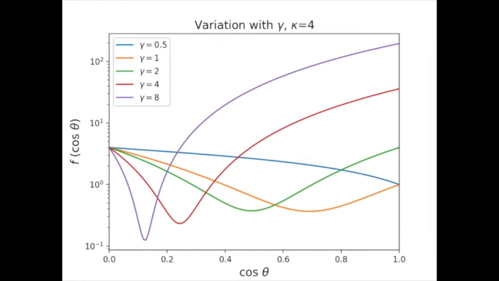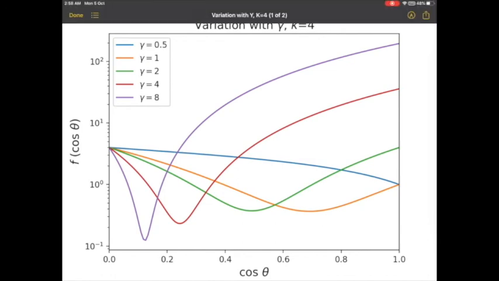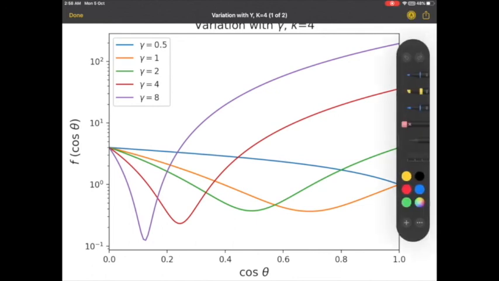And what was gamma? Gamma was the ratio of the angular momentum in the symmetry axis and perpendicular to the symmetry axis. What I have plotted here is cos theta along x, so this is essentially u.